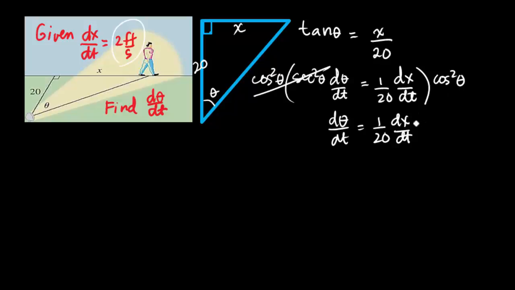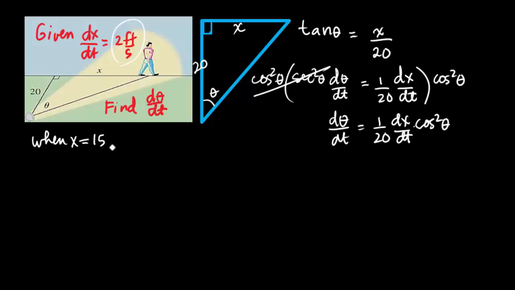So now what is cosine squared θ? We're doing a little bit of triangle solutions. When x is equal to 15, we can find what z is, because in order to find the cosine of θ, we need the hypotenuse, so that we get adjacent over hypotenuse.